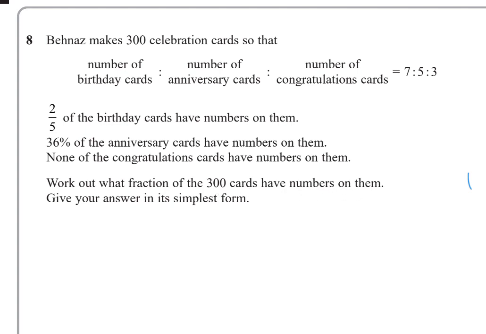So first we need to find the number of cards for birthday and for anniversary. The ratio of birthday cards to anniversary cards to congratulations cards is 7 to 5 to 3.